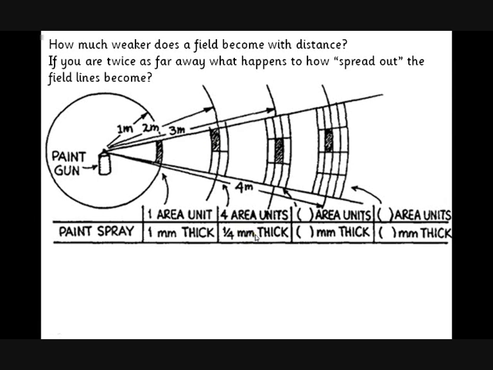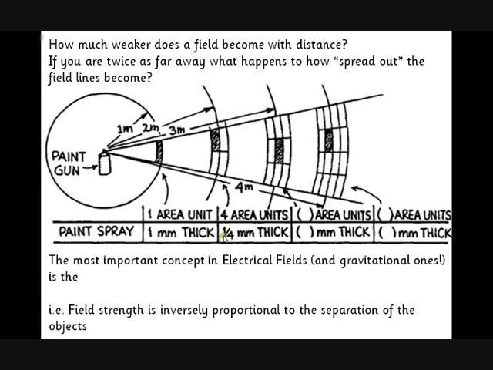So by doubling the distance, you end up quartering the amount of paint. If you go from 1 metre to 2 metres, you go from 1 millimetre thick to 1/4 millimetre thick. So by doubling the distance, you're increasing the area by 4 times, which is quartering the thickness of the paint.